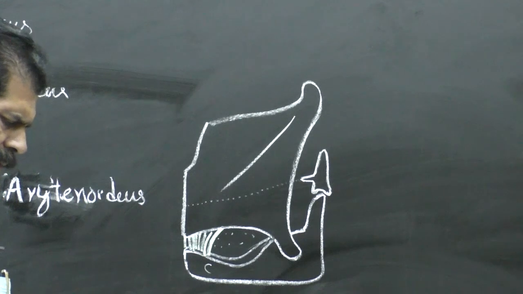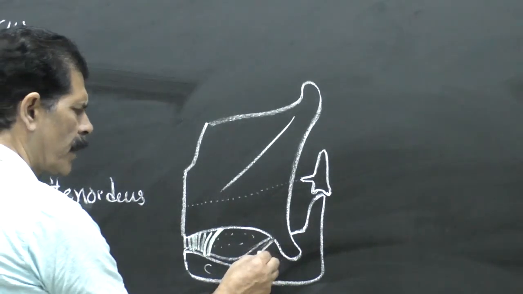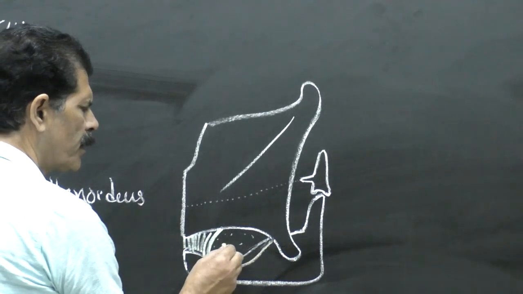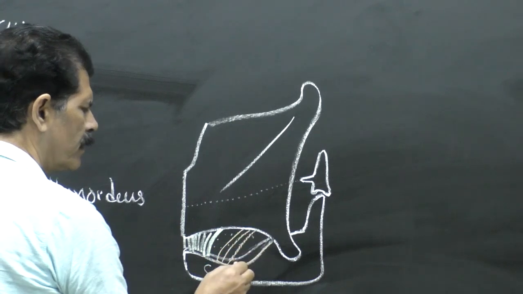So this muscle is taken from the outer lip of the cricoid cartilage, and it goes upward, backward and medially.